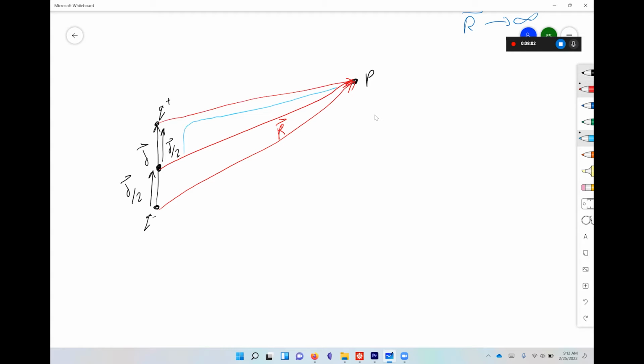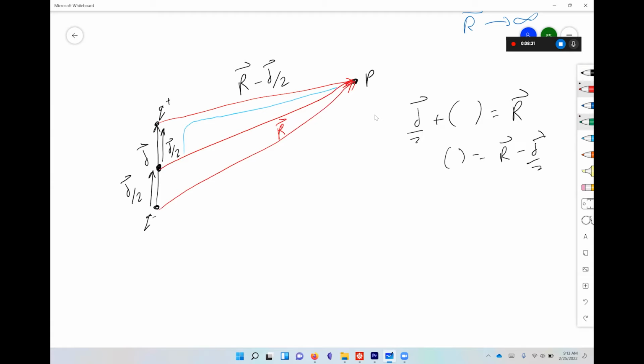We see that d over 2 plus this thing that we were trying to find should equal R. So this thing here equals R minus d over 2, right? So this vector here is R minus d over 2.